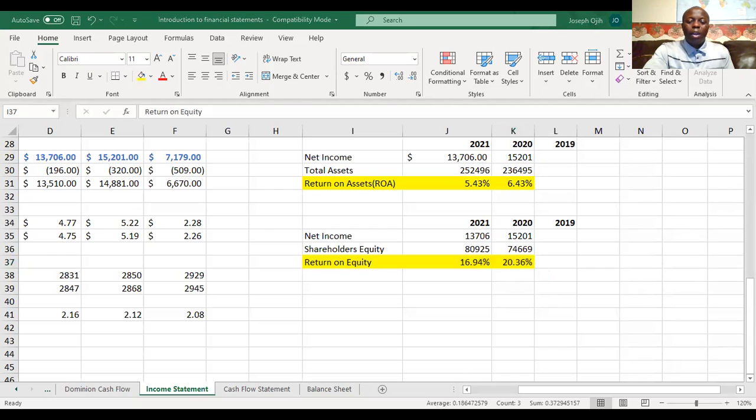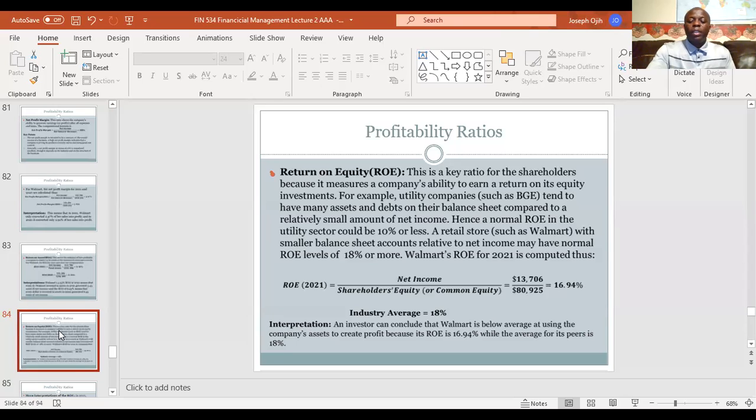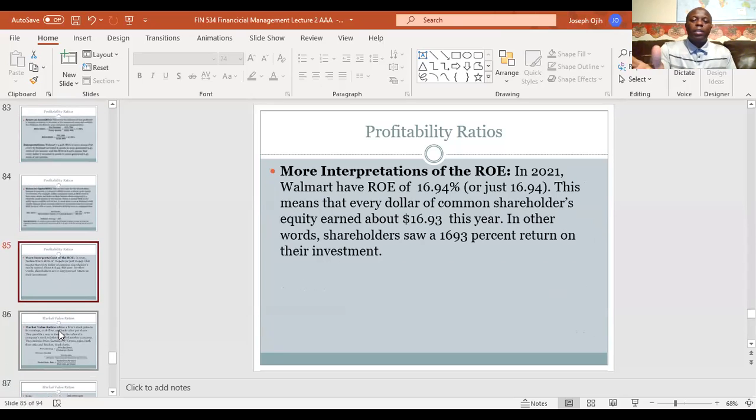So how do we interpret it? There are two ways you can interpret it. You can compare it to the industry. I can say that Walmart's return on equity of 16.94% means that for every dollar that the shareholders invested, it returned $16.94 in 2021.